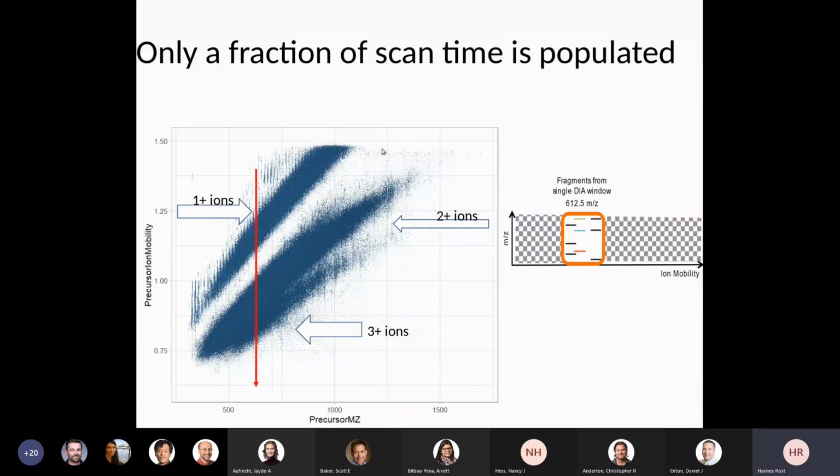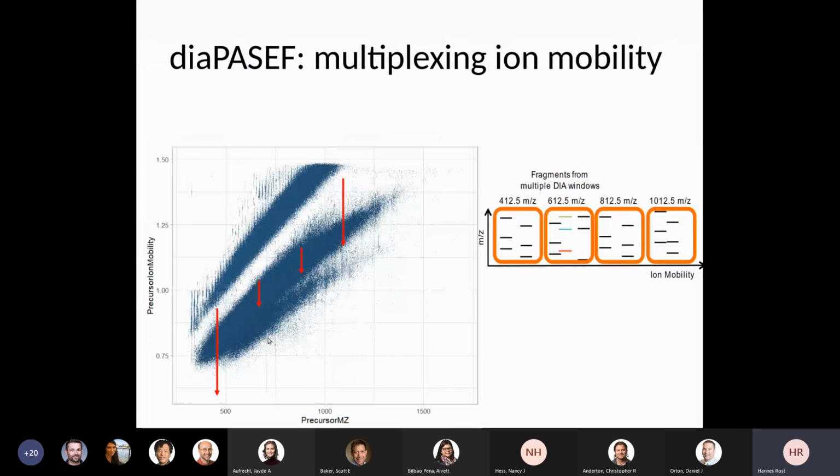So we realized it's relatively wasteful to put the quadrupole in an isolation position and simply allow it to measure throughout the 100 milliseconds in order to only capture these ions. What we plan to do instead is allow the quadrupole to switch to different DIA windows depending on when we expect ions to elute.